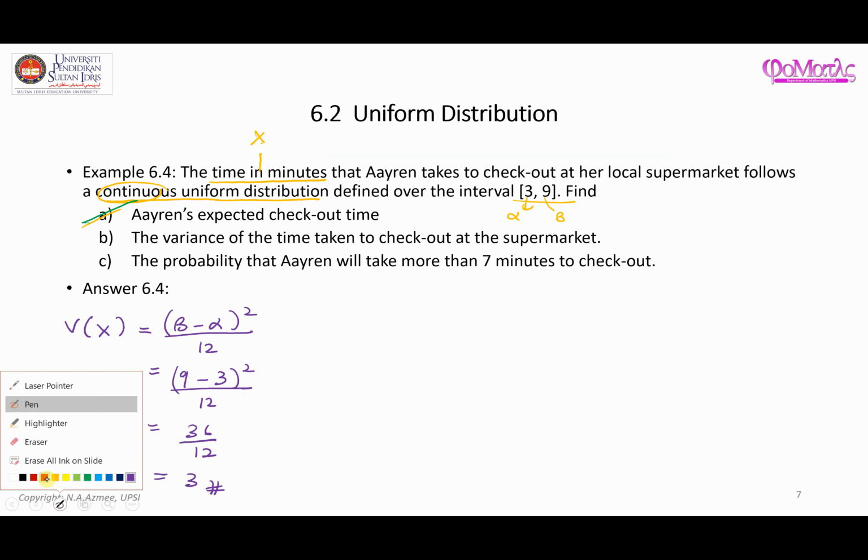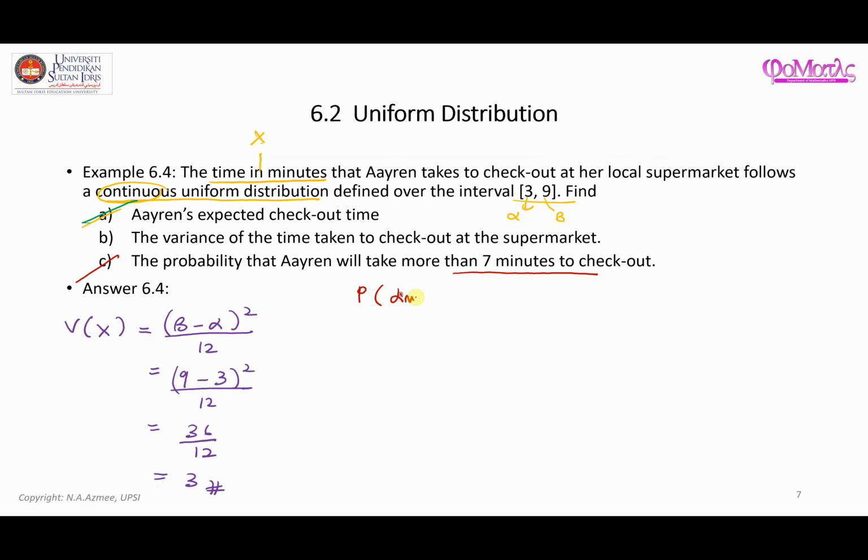Next, let's find this one, the probability that Irene will take more than 7 minutes to check out. So probability time taken is more than 7 minutes. So we can translate that as time taken is the random variable, we're going to represent that with x. More than, that means greater than 7.